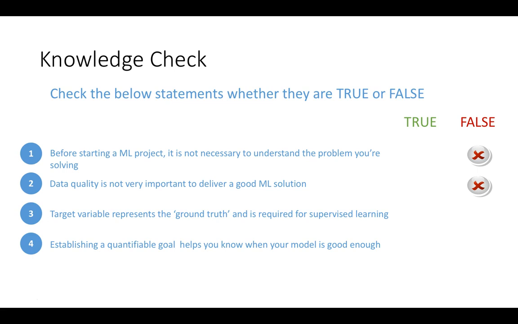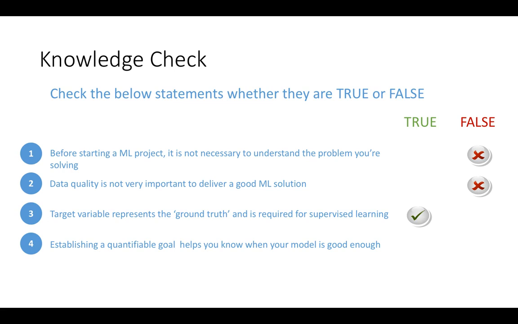The third point: the target variable represents the ground truth and it is required for supervised learning. Yes or no? Yes, you are right. Target variables and ground truth are needed to perform supervised learning.